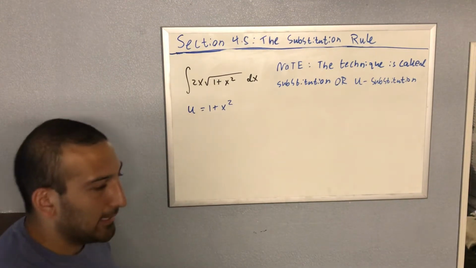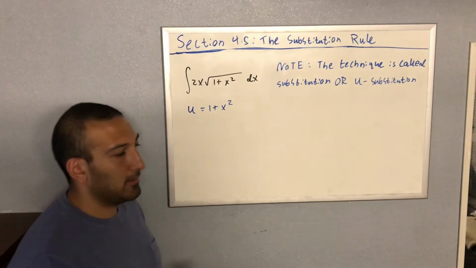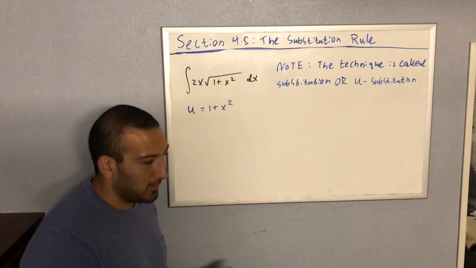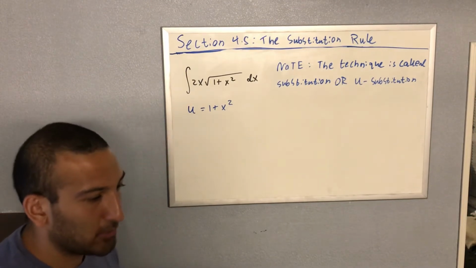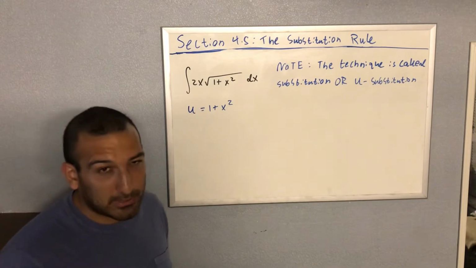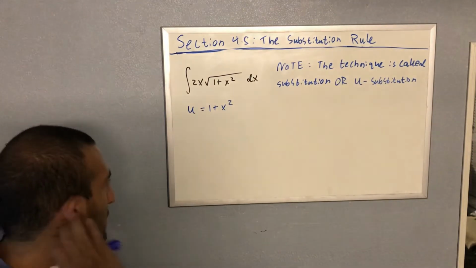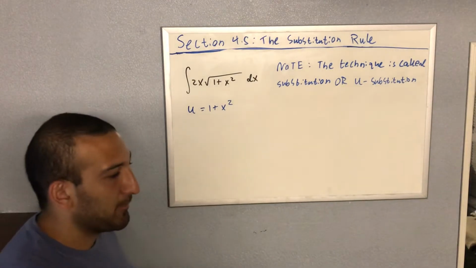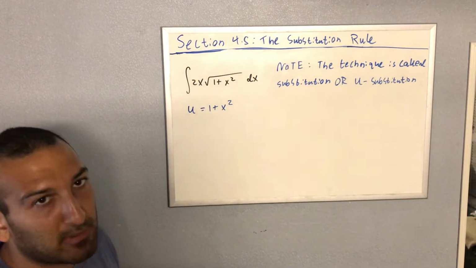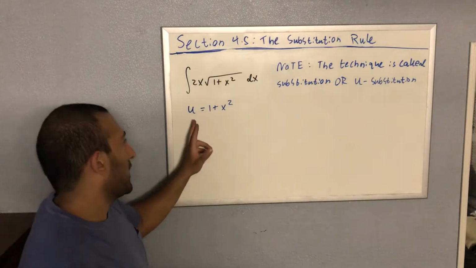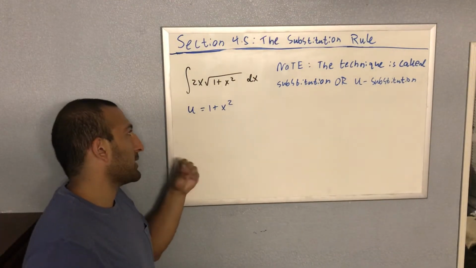Then, if we take the derivative on both sides, turning this into a differential, remember differentials like du and dx, essentially we just take the derivative of both sides. So just a u will turn into du.